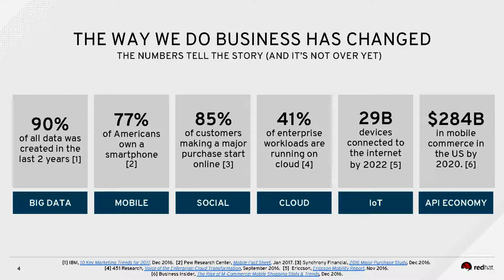The first key thing is that as a business today, you have to deal with lots and lots of data. Where is the data coming from? How do I analyze that data? How do you connect that data with other data? And the data could be big data, mobile data, social data, IoT, or API economy data.